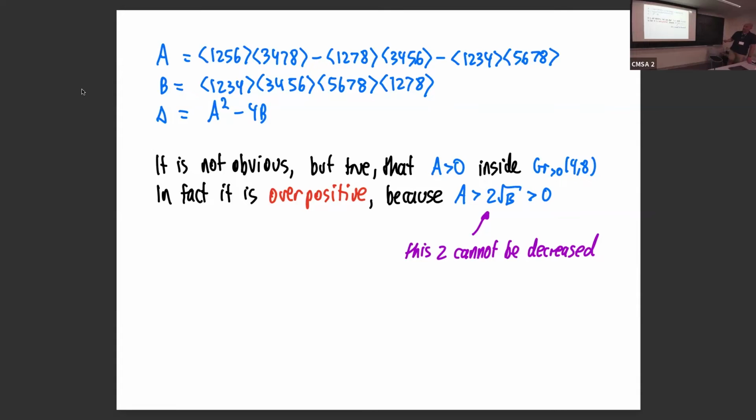It's over positive because there's something else here that's positive that is strictly between A and 0. You can prove that A is always greater than 2 times the square root of B, and you can prove that that 2 is optimal. You cannot decrease it. If you try to decrease that 2, then you can violate that inequality.